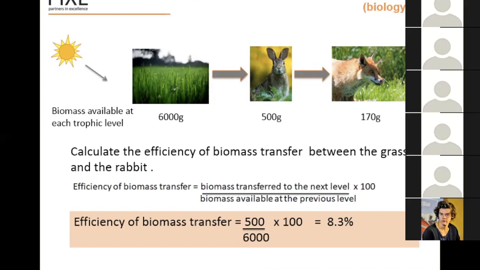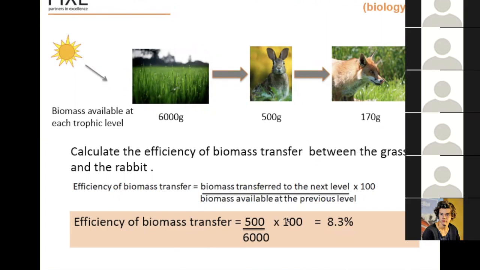No, that is true, sorry, don't get ahead of myself. So why is this efficiency really quite low? The reason is the indigestibility of much of the plant material. That is perhaps a surprisingly low efficiency.